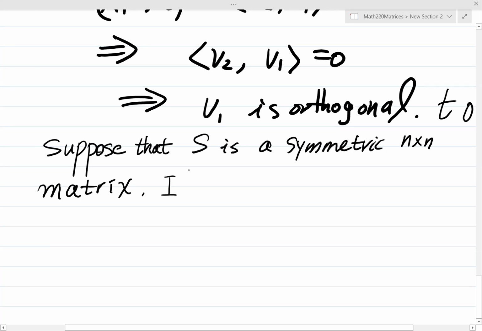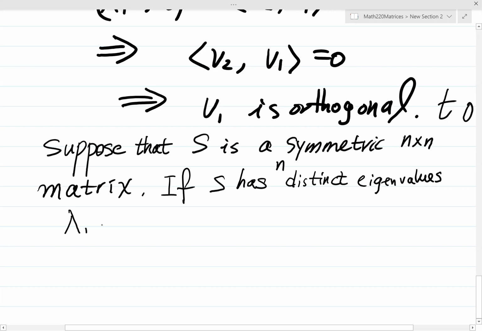So suppose S has n distinct eigenvalues, lambda 1, lambda 2, up to lambda n. They are all pairwise distinct.